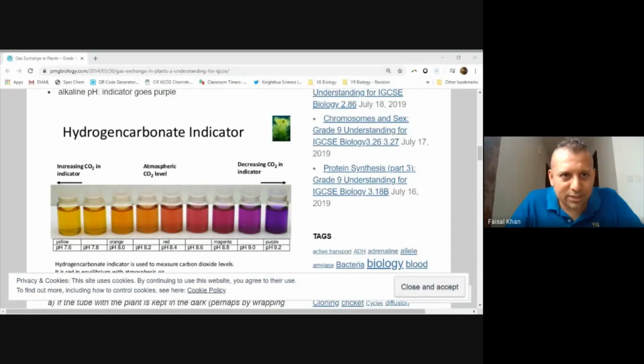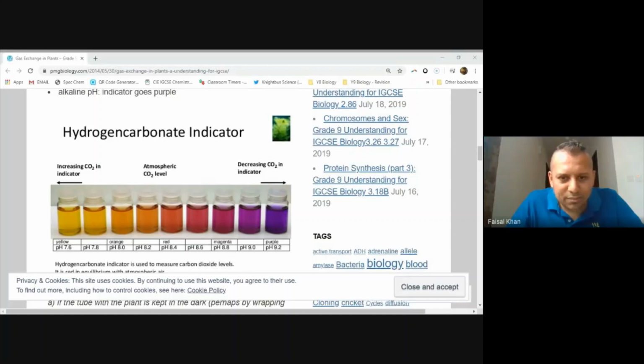Okay, but it's bicarbonate. So if we go back to this bicarbonate indicator, I'm going to call it hydrogen carbonate because we actually have the page saying hydrogen carbonate indicator, and on the left hand side you can actually see there's an arrow. It says increasing carbon dioxide in indicator, and on the right hand side you can see decreasing carbon dioxide in the indicator. Now this is not the same as universal indicator. This is a different liquid. Okay.